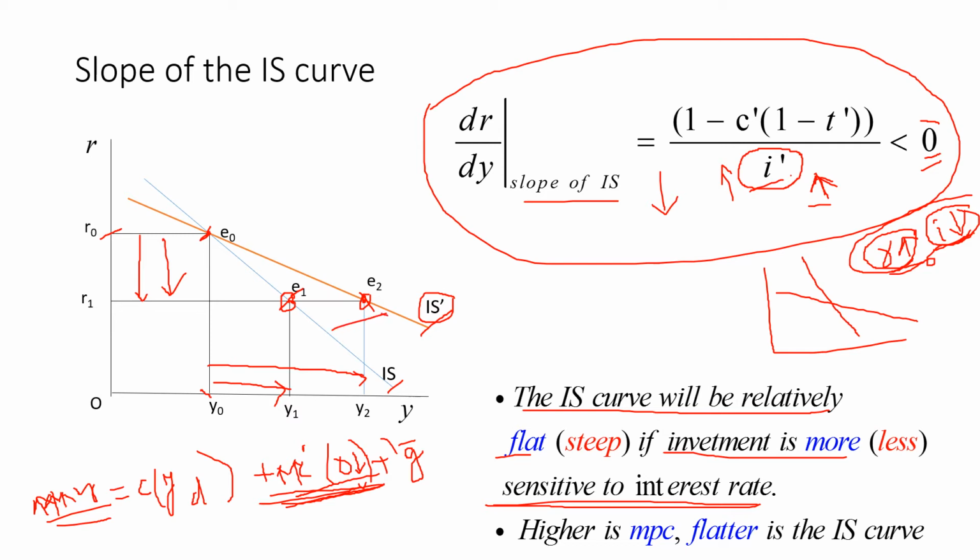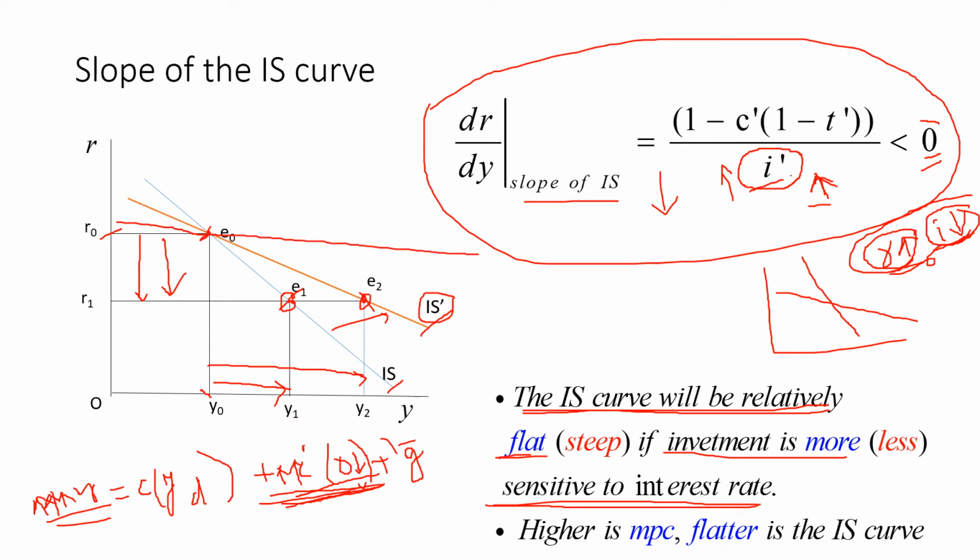IS prime is flatter than IS. This is what we have already written here, that the IS curve will be relatively flat if investment is more sensitive to interest rate. And if you go on increasing the sensitivity of the investment function, it will be more flat.